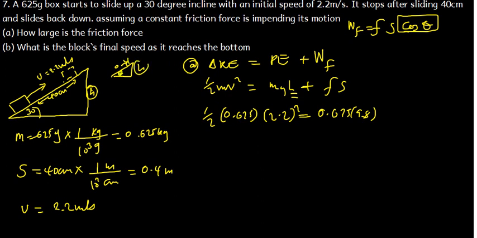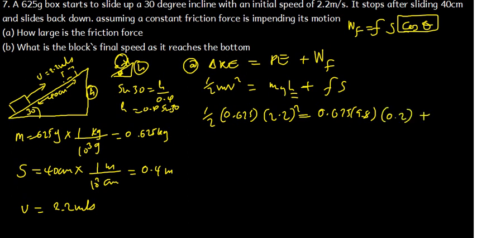So this is the opposite, this is the hypotenuse. Since sine 30 is equal to the opposite, which is the height, over the hypotenuse, which is 0.4, that means the height is going to be 0.4 sine 30. And you know that sine 30 is simply half. So 0.4 times half is 0.2.